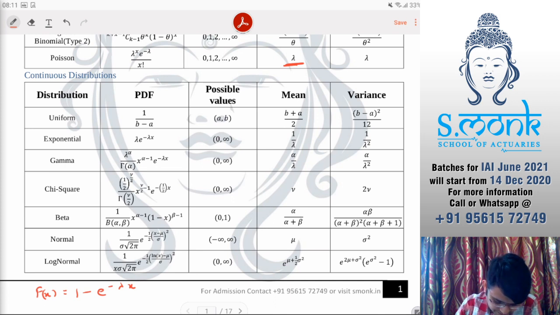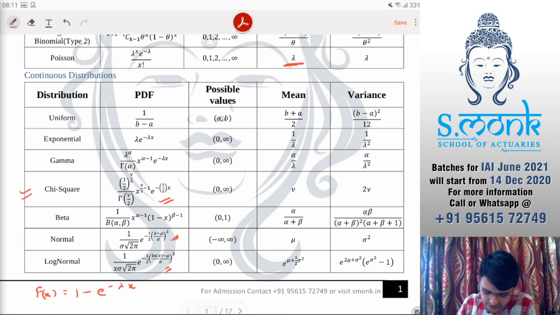Then chi-square distribution, normal or log normal, these are the three where we actually do not need the PDF. But you should always remember that if you want to find the PDF of the chi-square distribution, all you have to do is, from the gamma distribution, put alpha equals nu by 2 and lambda equals half.